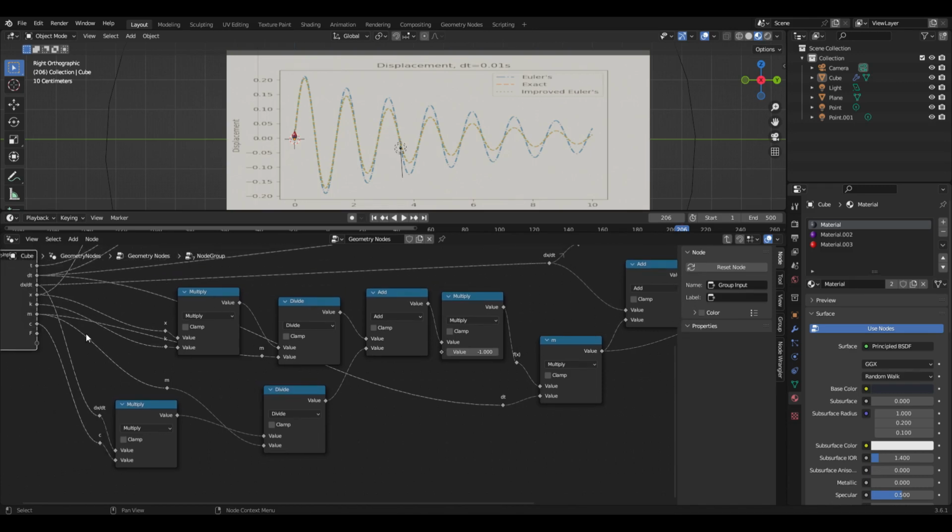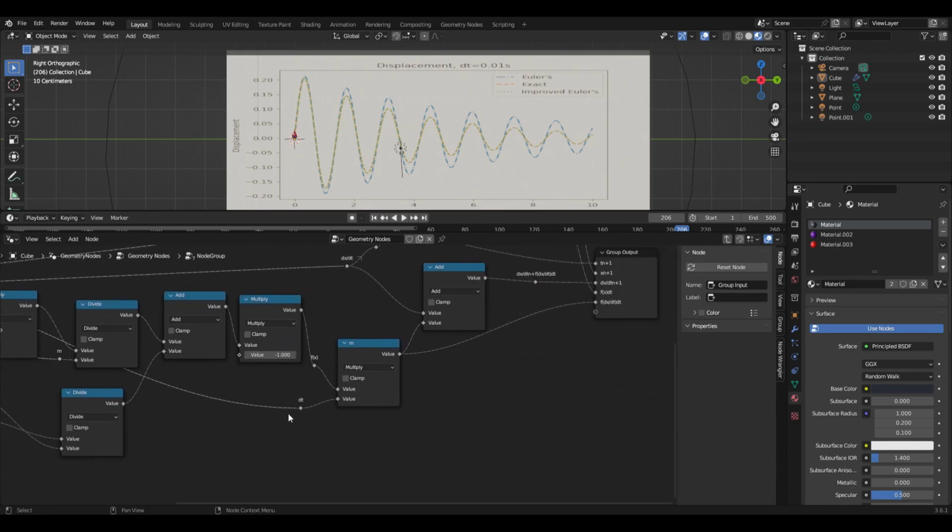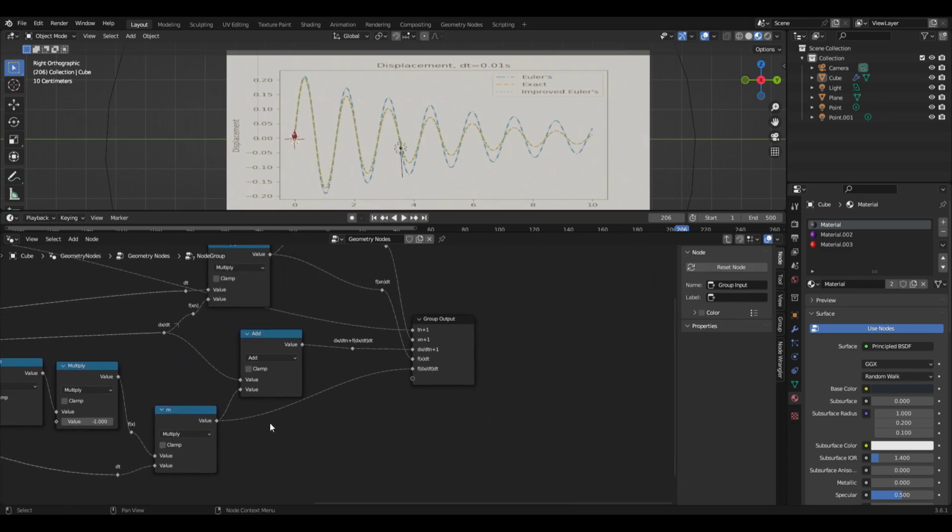So the second row of the equation is I have x times k, I divide by m, and then down here I have the velocity times damping, and that's divided by m. Those two are added. They're both negative in the equation, so both are multiplied by -1, and then I multiply that by the time increment. And so you can see this is, again, f of x times dt, but this is the velocity term.